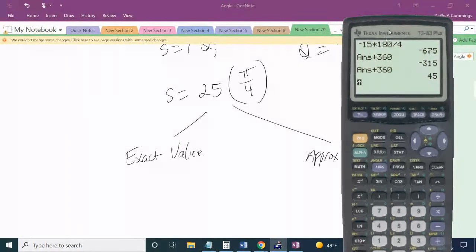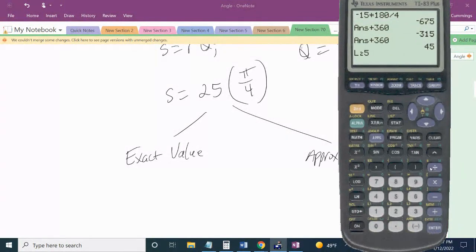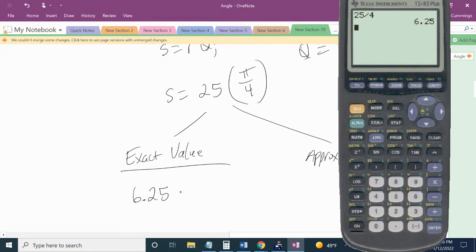I'm going to take 25 and divide it by 4. So the exact value is 6.25 pi, and our unit was inches. That is the exact value, and notice that in the exact value we must leave pi as pi.